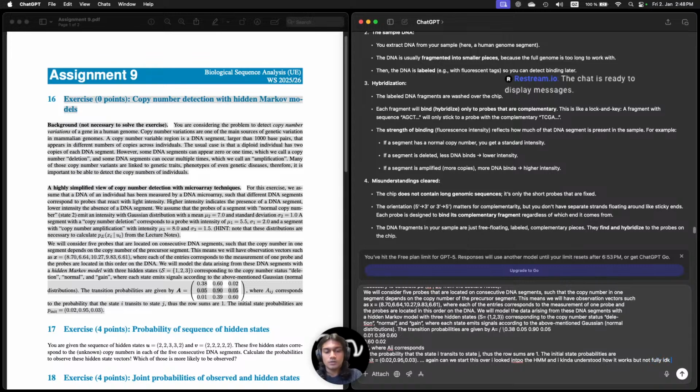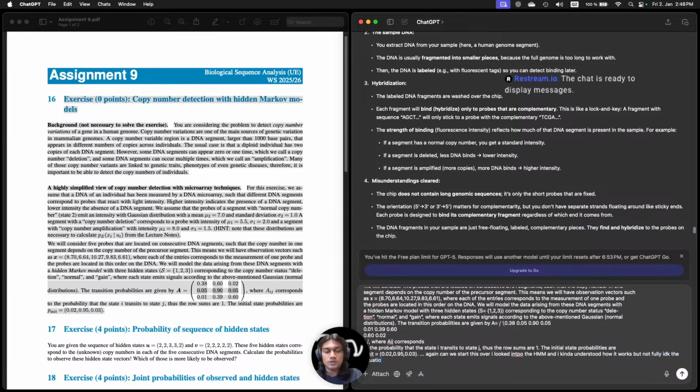I don't know the equations. So let me know what is the objective of this question.